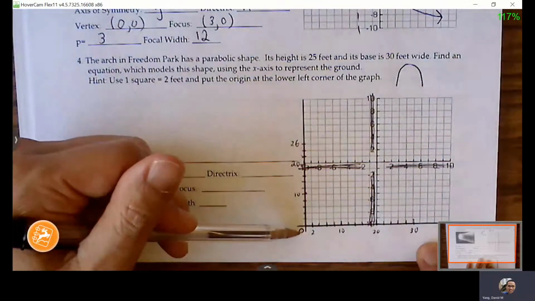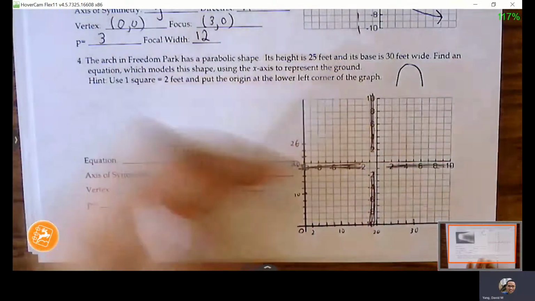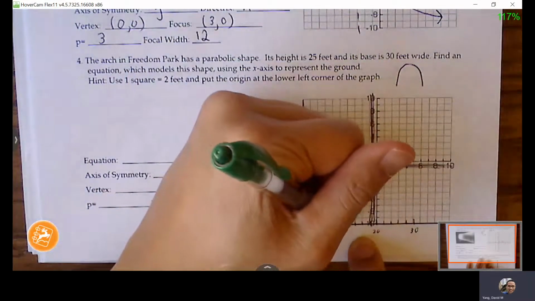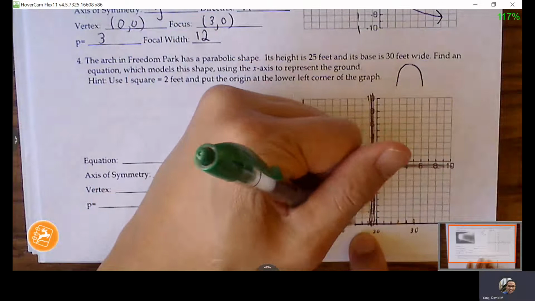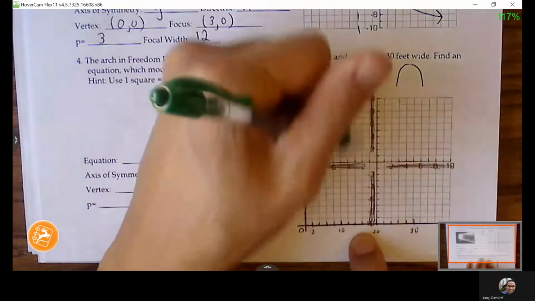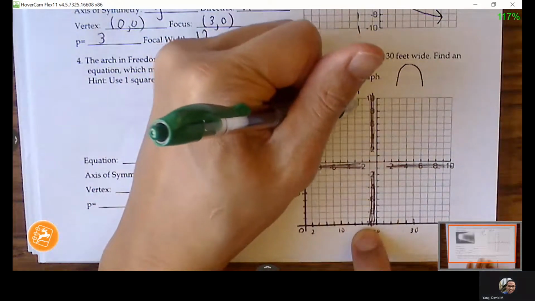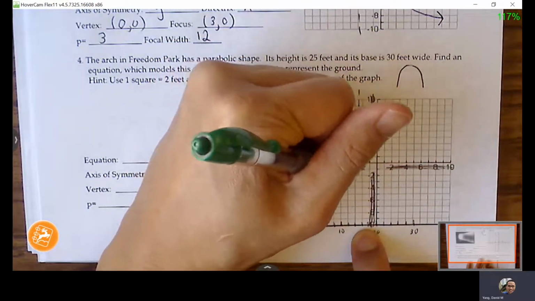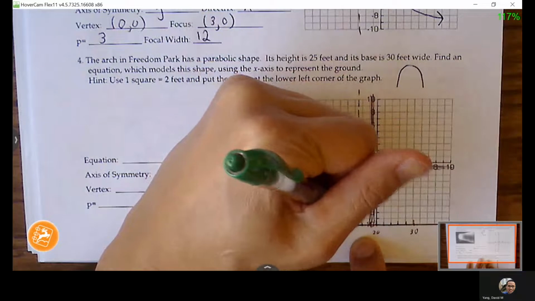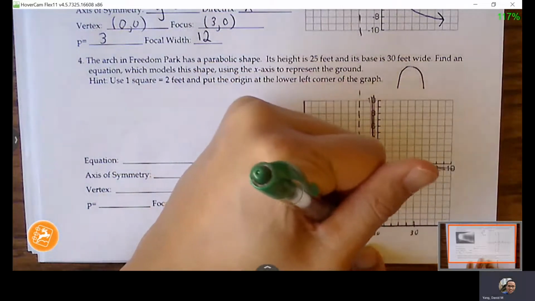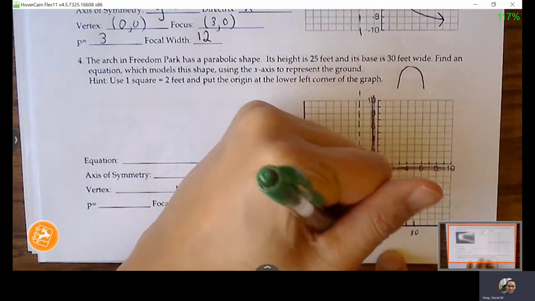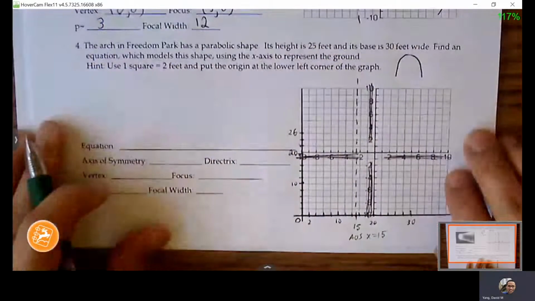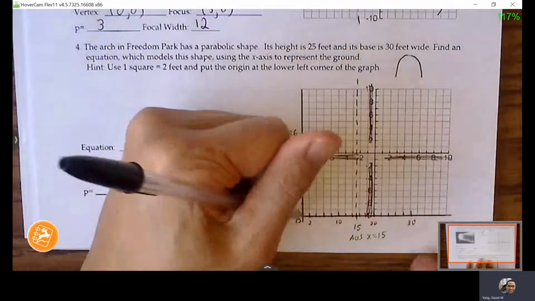So I know that between 0 and 30, my parabola is going to be split in half at 15. So I'm just going to draw that axis of symmetry right at 15. Okay, the arch is going to start at 0, 0.